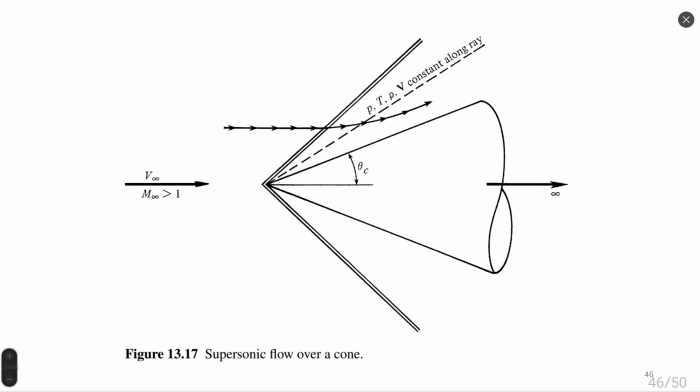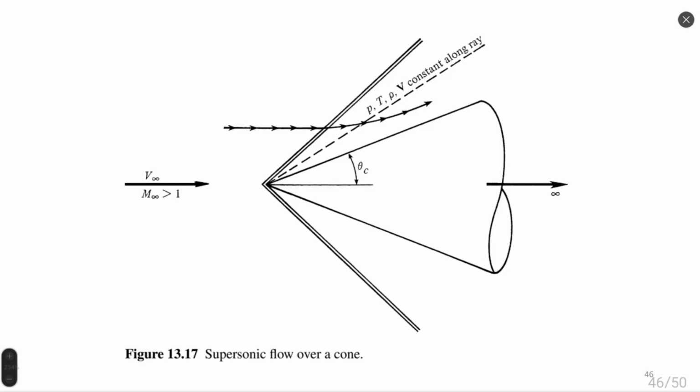Here on figure 17, we have a schematic of supersonic flow over a cone, and this figure shows the approach which we use to calculate flow over cones. This approach says that flow properties, thermodynamic properties and velocity, are constant along a ray.